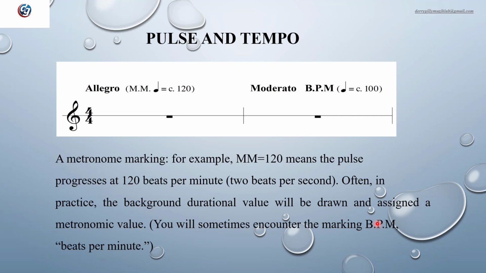It helps us to tap our feet, to dance, to march, or even to feel the pulse internally. In a piece of music, some durational values are assigned to the pulse, and all durational values are proportionally related to that fundamental background pulse.